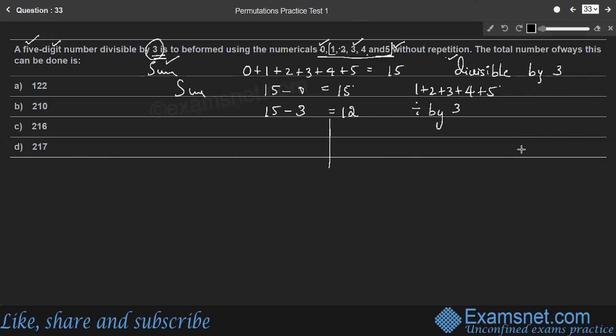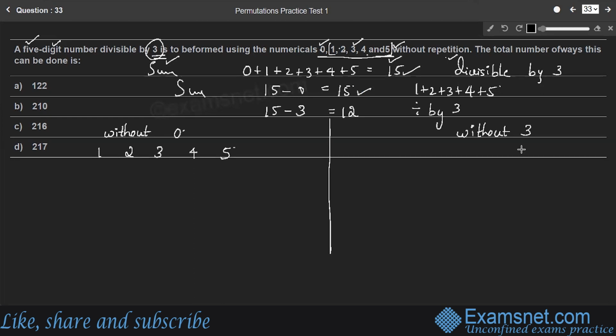Therefore, we have two cases of taking these digits. One is without 0, and another case is without 3. Out of 6 digits, in the first case, we are taking 1, 2, 3, 4, and 5, so that their sum is equal to 15, which is divisible by 3.